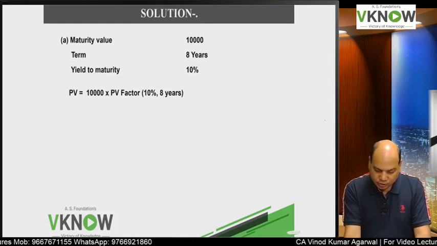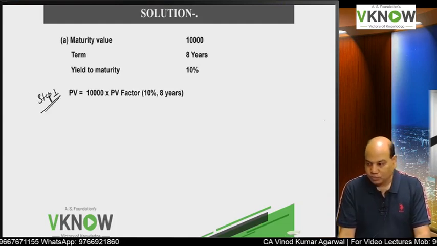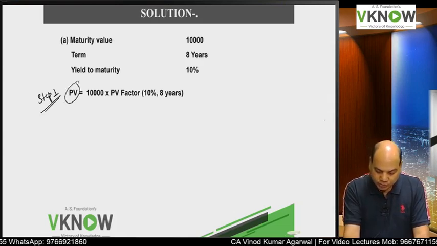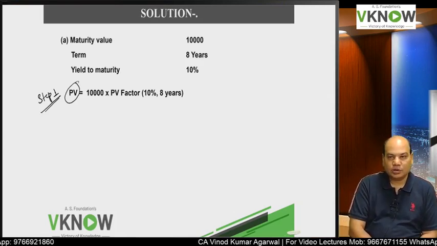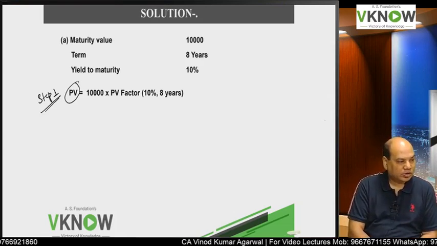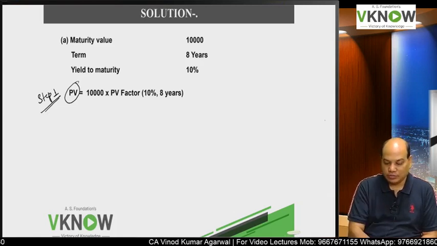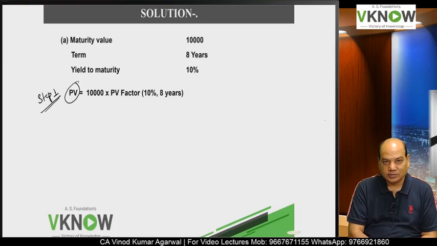Write down step 1. Start from here. Present value of the bond is equal to, because this is zero coupon bond, you will only get 10,000 rupees on maturity, and you will compute the present value. So 10,000 into PV factor 10%, 8 years.